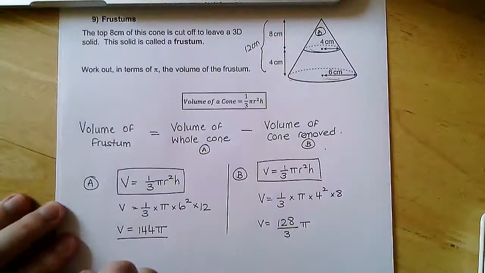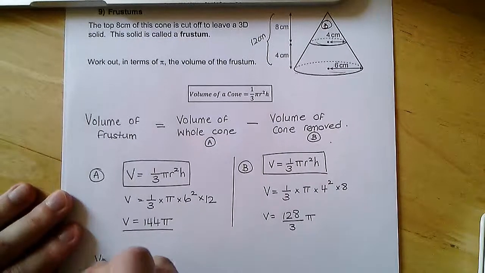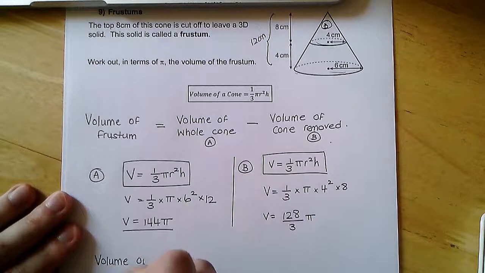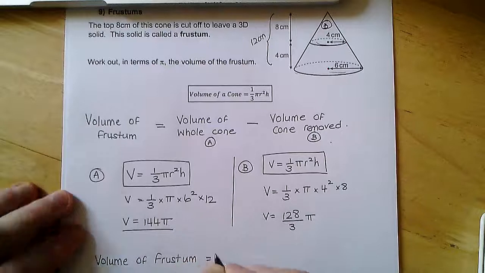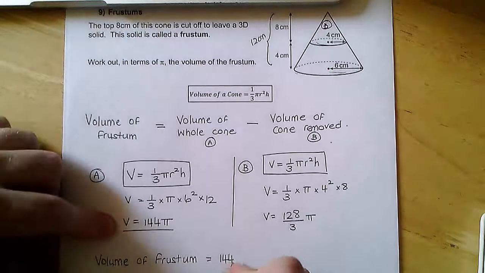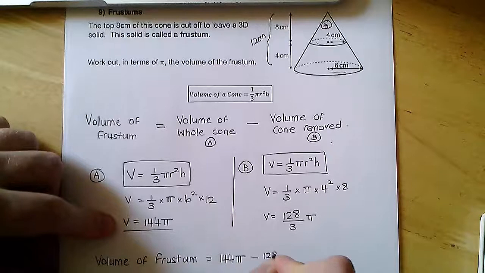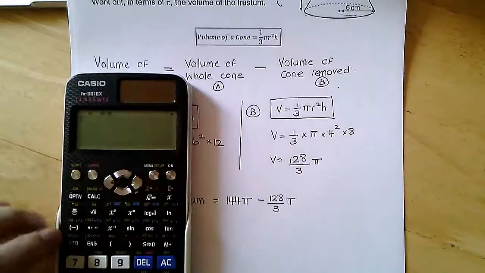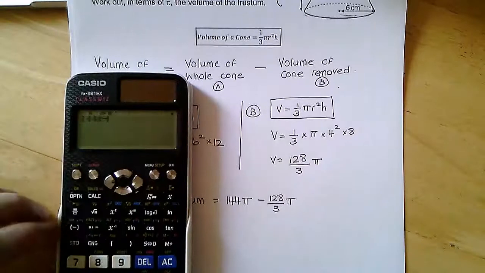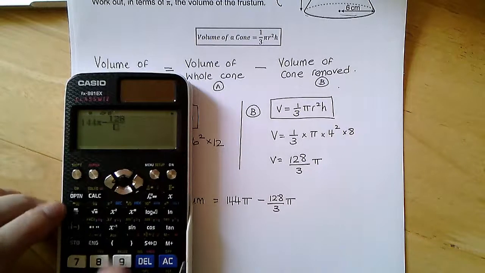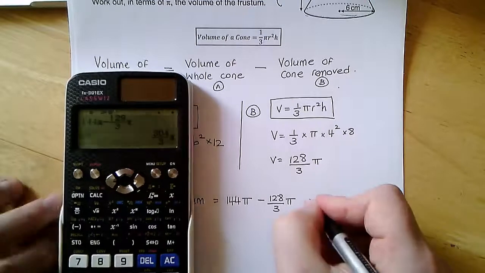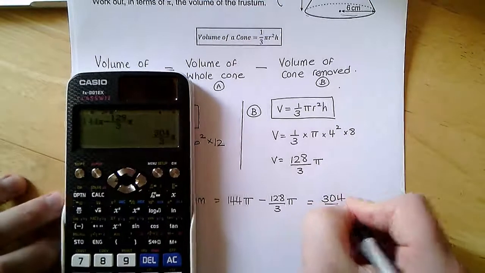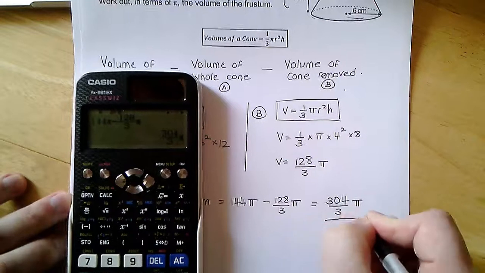So therefore the volume of the frustum is 144 pi, subtract 128 over 3 pi, which gives me 304 over 3 pi.